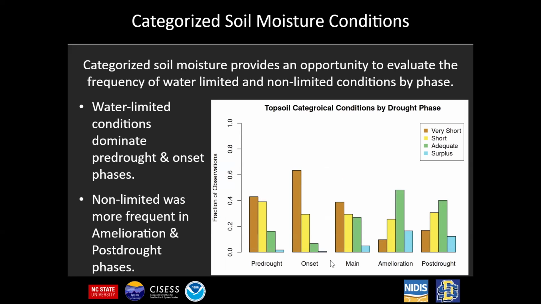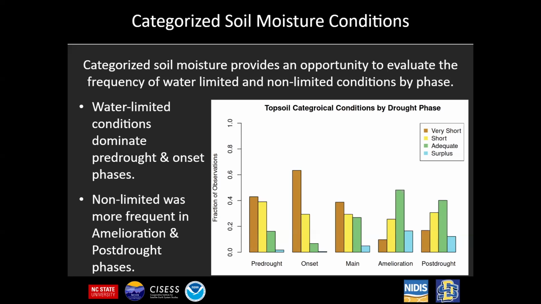So for each of these different drought phases, if you stacked all these bars together, they're going to sum to 100%. The main takeaway from this graphic is for the water limited conditions, so this is if you stack the short and very short on top of each other. For pre-drought, you're looking at about 70 to 80% of all the observations for this particular drought event. The stations had water limited conditions.